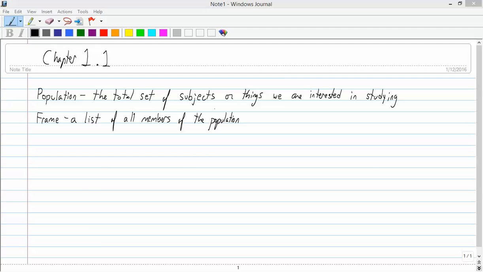All right. It says in your book, and you don't have to write this down, a strict definition of a census is a survey that includes all the elements or units in the frame. Okay. So census, that's a word that hopefully you've heard before.